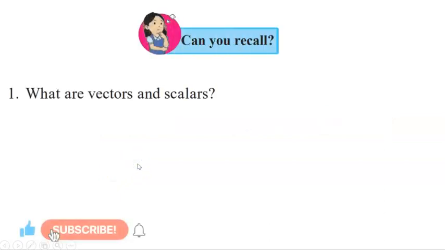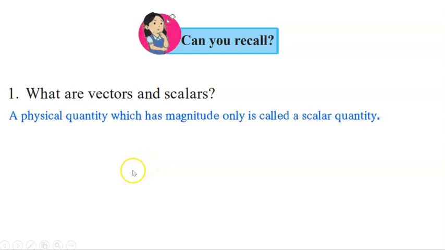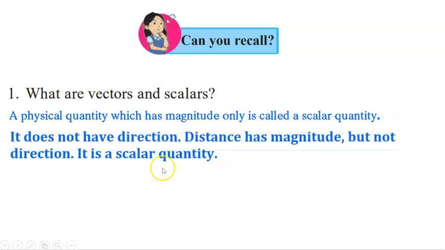Can you recall what vectors and scalars are that you learned in your previous standards? A physical quantity which has magnitude only is called a scalar quantity. Scalar means it has only magnitude. It does not have direction. Distance has a magnitude but not direction, so it is a scalar quantity.